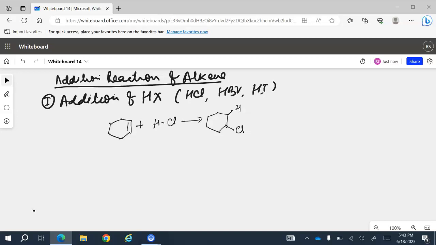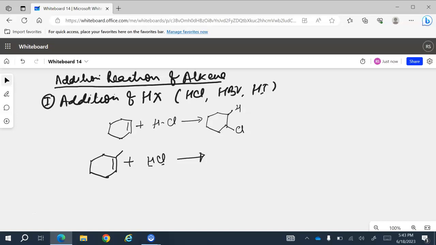But if we are adding across the double bond in an unsymmetrical alkene like this, say for example, we are adding HCl, then it will follow the Markovnikov rule. And according to Markovnikov rule, when we are adding hydrogen halide across a double bond, then the hydrogen will go to the carbon containing the larger number of hydrogen, and halogen will go to the carbon containing the smaller number of hydrogen.